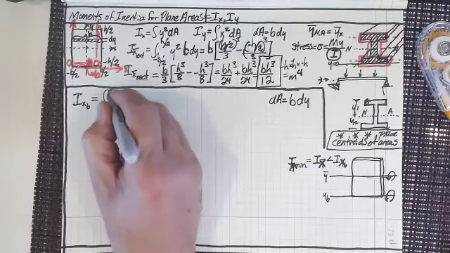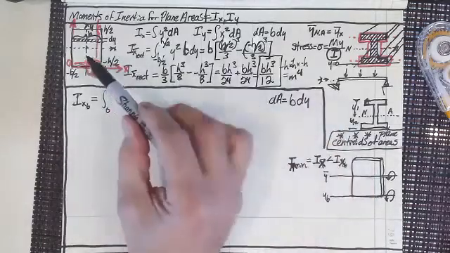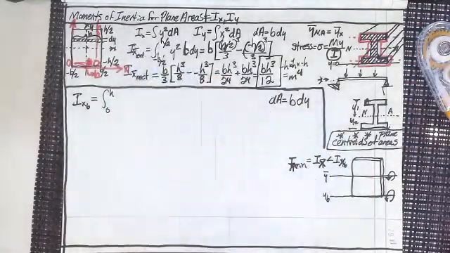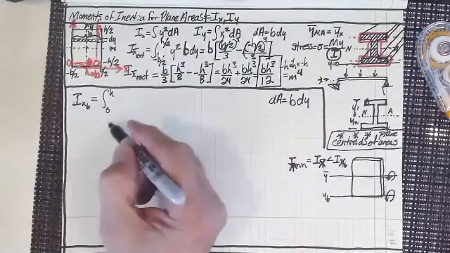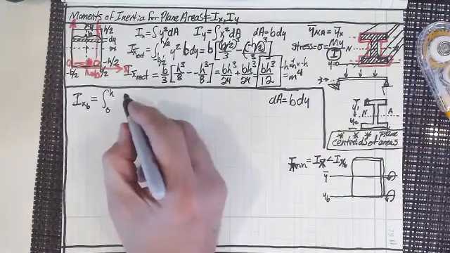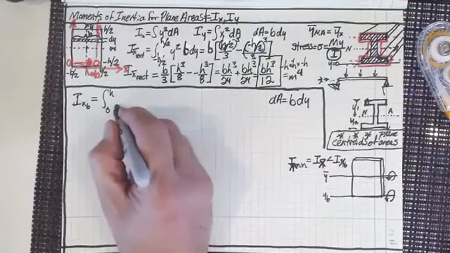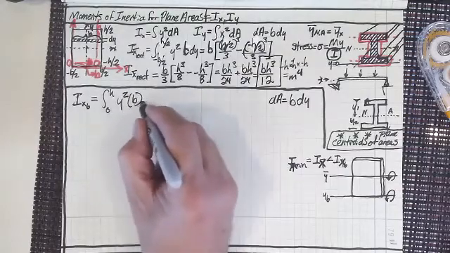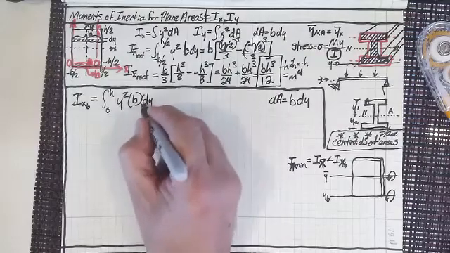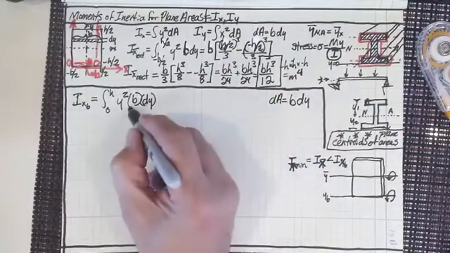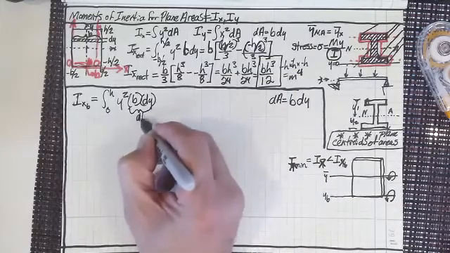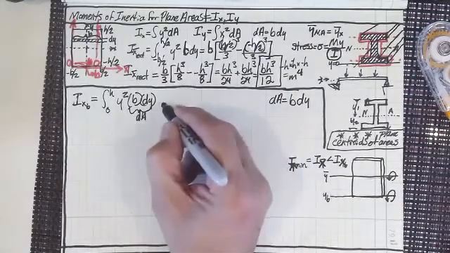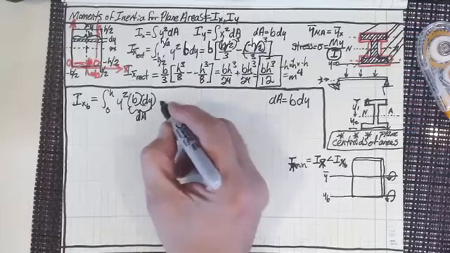It's going from 0 to h. So instead of going from minus h over 2 to plus h over 2, I'm going from 0 all the way up to h. I've got y squared still, and I've got b times dy, and of course, we know that b times dy equals dA, right?